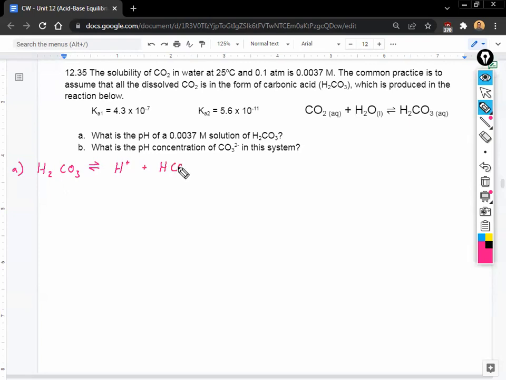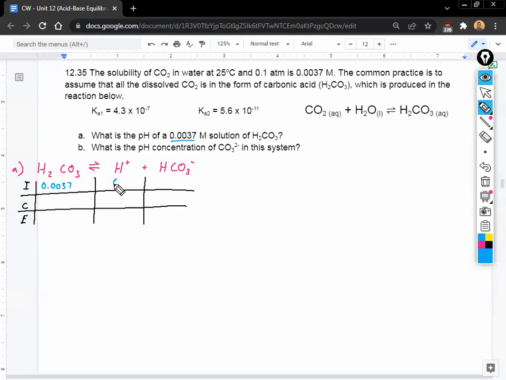Okay, so if we want to write the expression for carbonic acid's equilibrium, it's going to be this. It just releases one proton. And then from here, if we want to find the pH, we need to find the concentration of this guy at equilibrium. So we need to write an ICE table. I'm sure you guys are sick of ICE tables now. Okay, it tells us the concentration of carbonic acid is 0.0037. So we're going to write 0.0037.